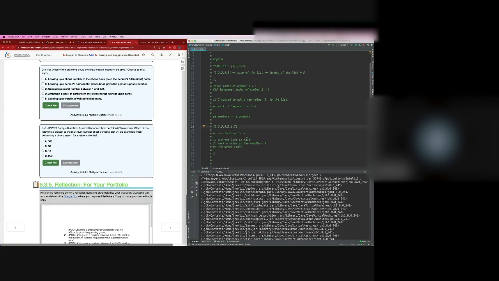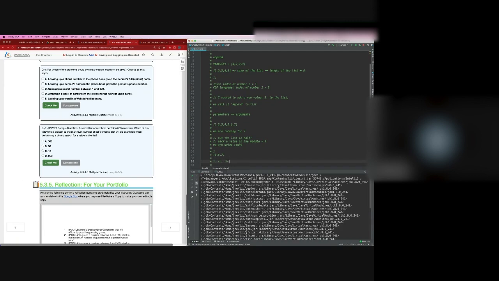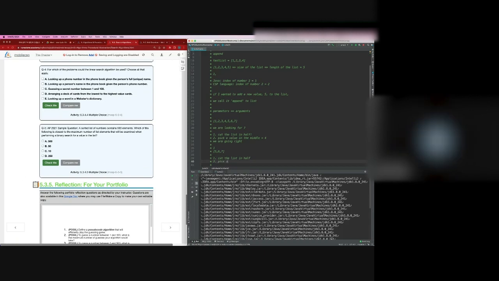Now that we have a new list, it would be 5, 6, 7, right? And what do we do next? Cut the list, yes. The value in the middle, which is 6.